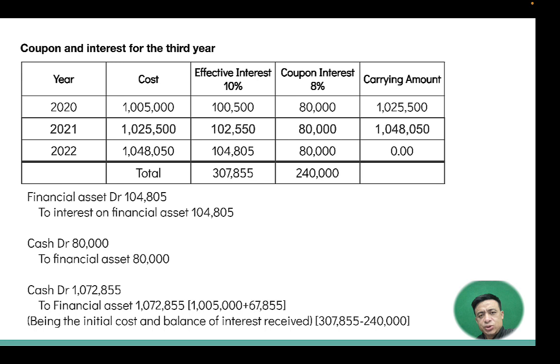That is the total of effective interest for the last 3 years, that is 307,855, minus the total of annual coupon interest which we receive annually, 240,000, gives us 67,855. So that's how company A is going to benefit by investing in the bonds of company B.